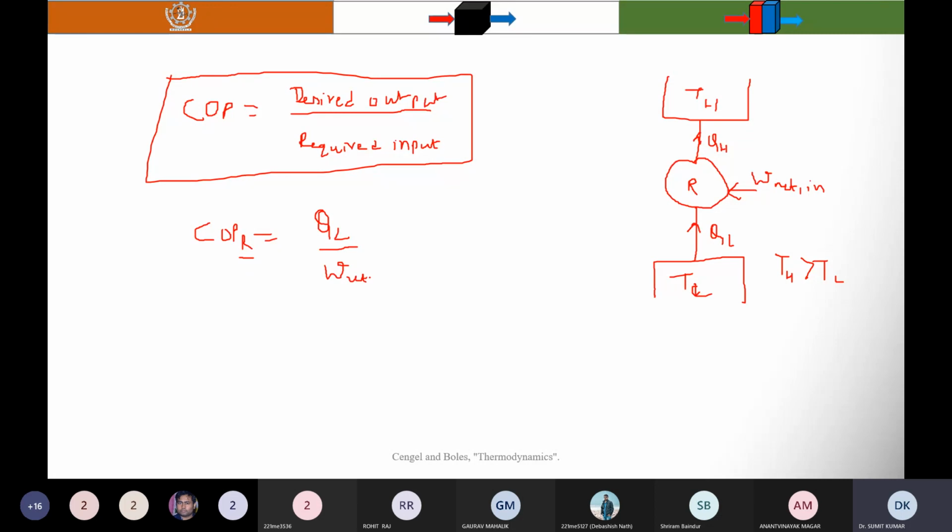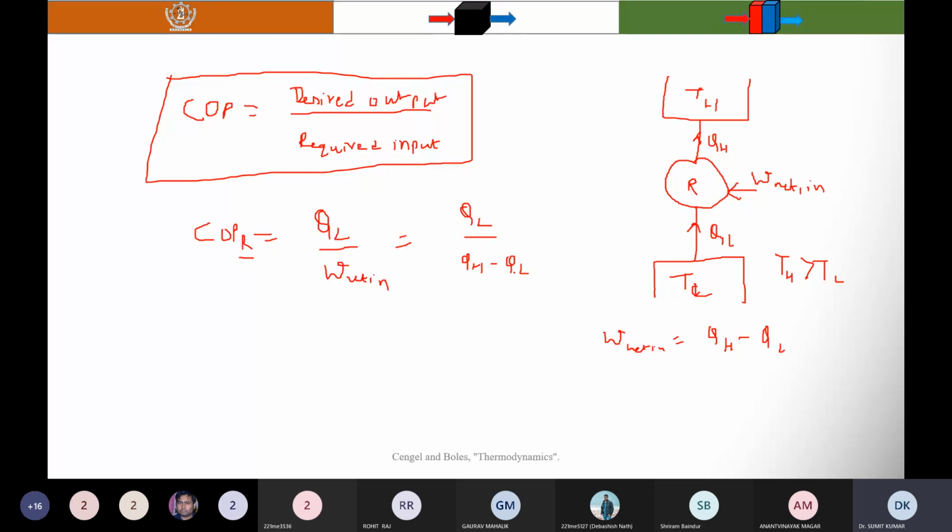Again, W net in is equal to, doing the energy balance, QH minus QL. So you can write COP_R equals QL divided by QH minus QL. This is the coefficient of performance of the refrigerator written in terms of the heat transfer, so it is valid for any process, either reversible or irreversible.